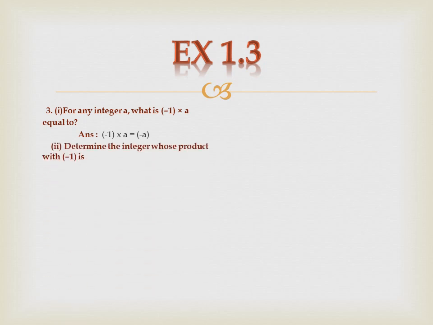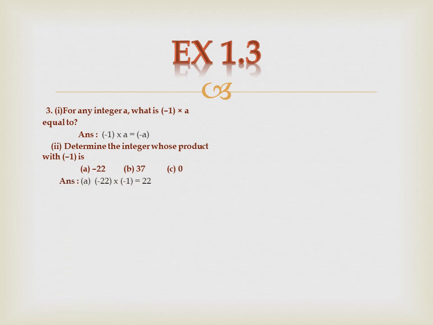Second question, determine the integer whose product with negative 1 is given. Determine the integer means first three questions are given here. You need to multiply these three integers with negative 1 and what will be the answer? Negative 22 into negative 1.